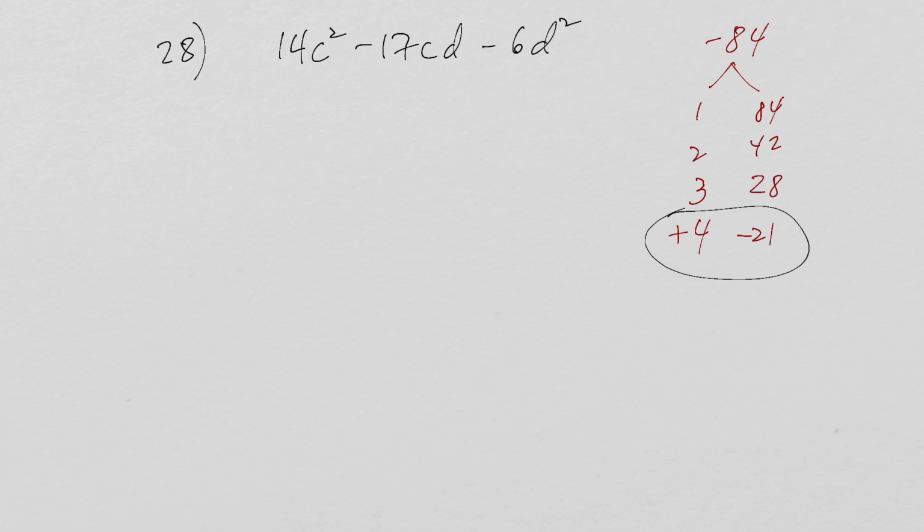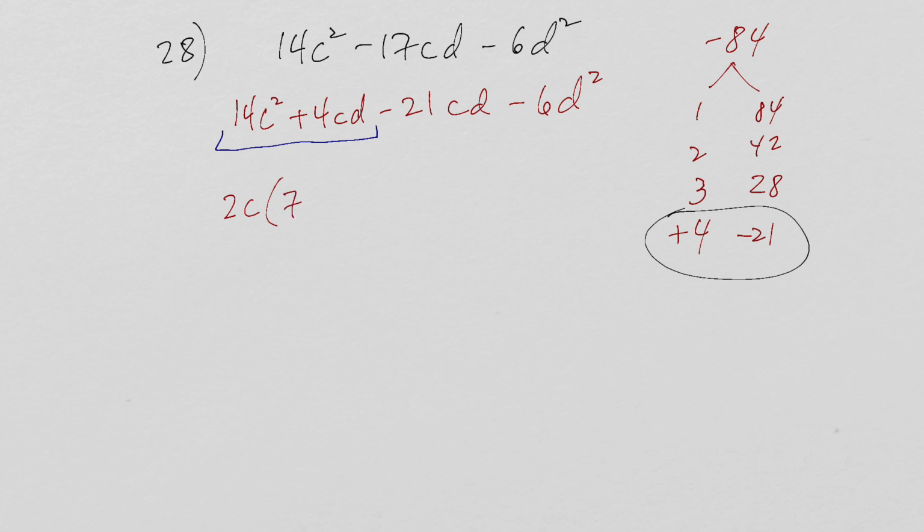Okay, so I'll have 14c squared plus 4cd minus 21cd minus 6d squared. I'm going to group these first two together by factoring out a 2c, and I'll have a 7c plus 2d, and I'll leave a big space and put 7c plus 2d down again.